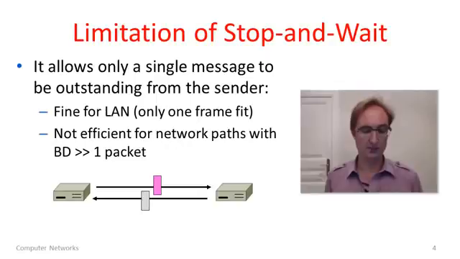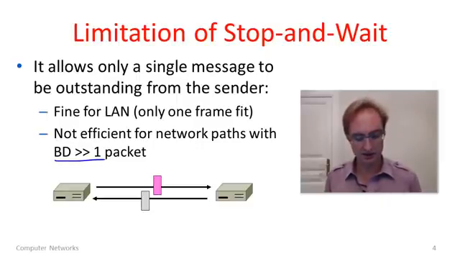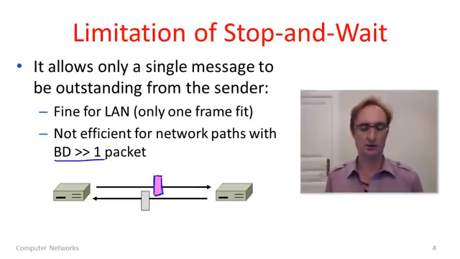It uses it well. On the other hand, imagine an internet path where we might have a bandwidth delay which is much greater than one packet. In this case, the packet will only fill a very small portion of the network path and will be using the network inefficiently. This is similar to the picture you can see here, in which there's just this small packet in the midst of a long network path between two hosts.